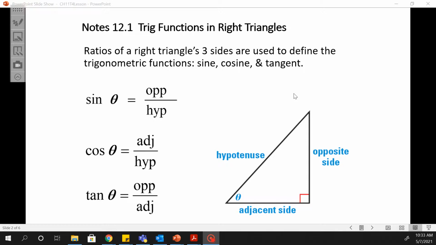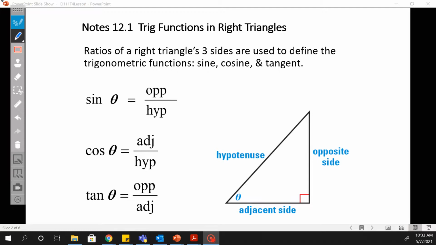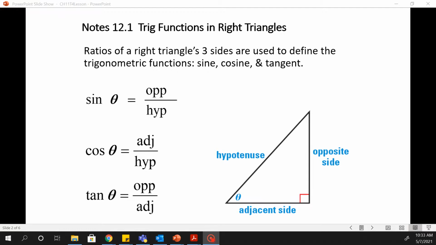When you take the sine of an angle, that is equal to the opposite side over the hypotenuse of the angle. If we are looking at this angle theta right here, then taking the sine of that angle will provide you with the ratio of the opposite side over the hypotenuse.